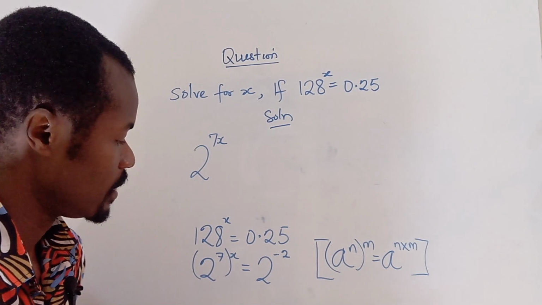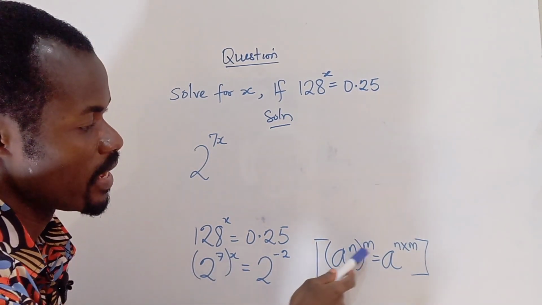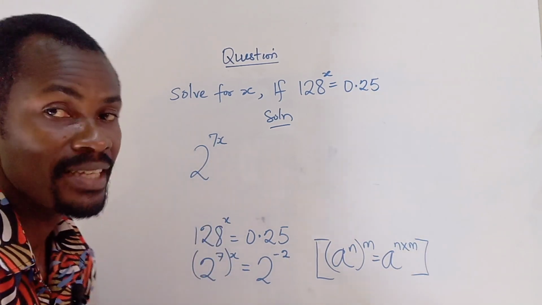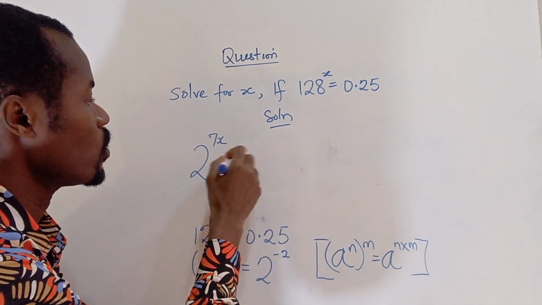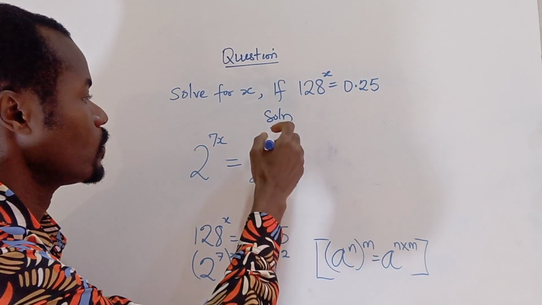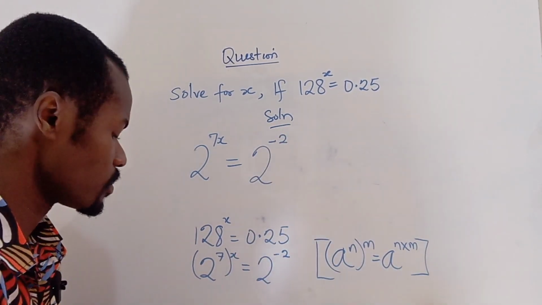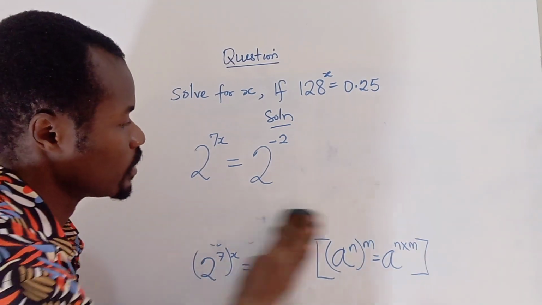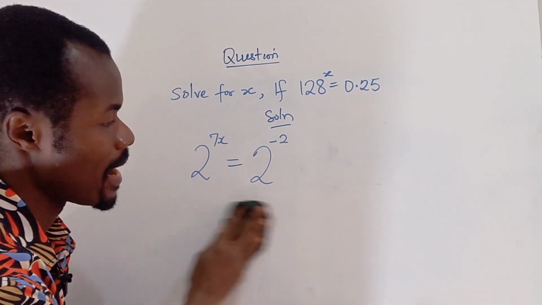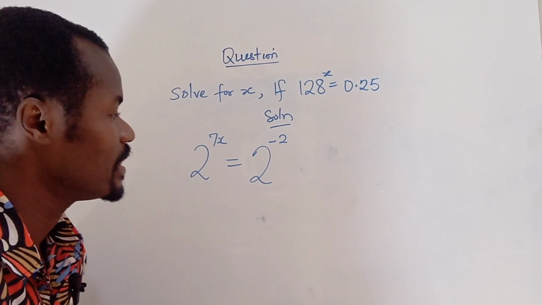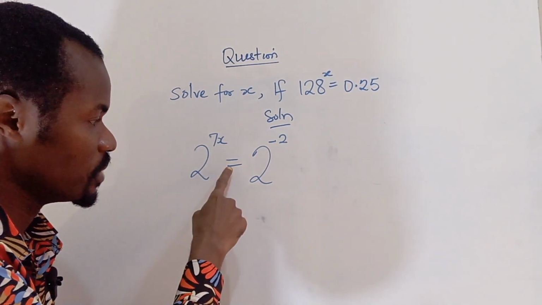So it means 7 will multiply x like we have here. So we have 7x, which is equal to 2 raised to the power minus 2.